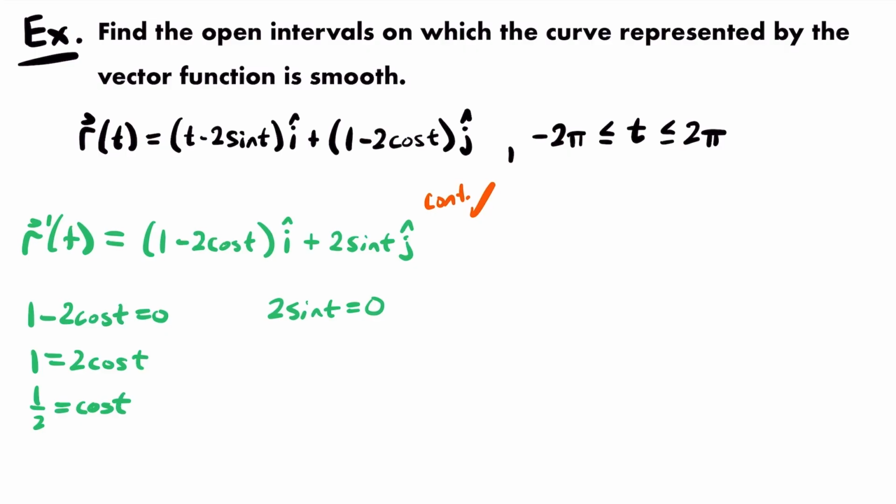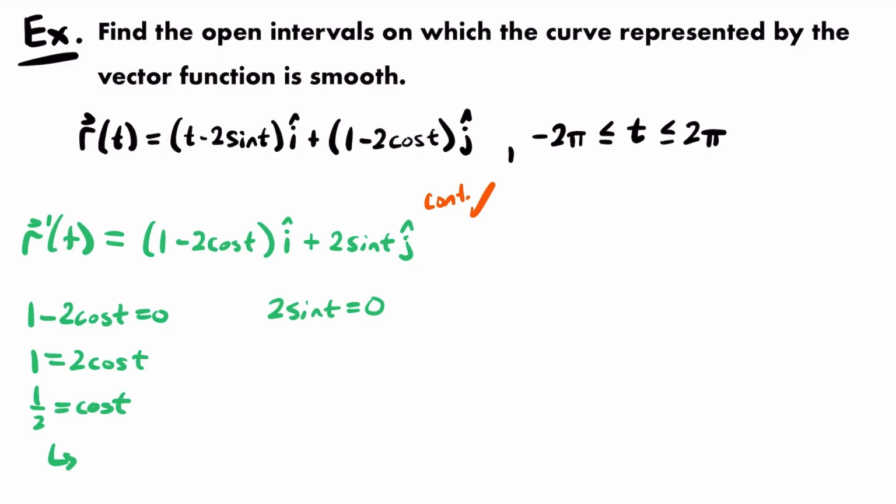So what you want to ask yourself here is what values of t, or what values for cosine, gives you 1/2? And you want to remember the interval that we're working with here. We're looking at values of t between negative 2 pi and 2 pi. So there's going to be quite a few values of t for which cosine will be equal to 1/2. If you remember your special angles, you might at least come up with the first one here.